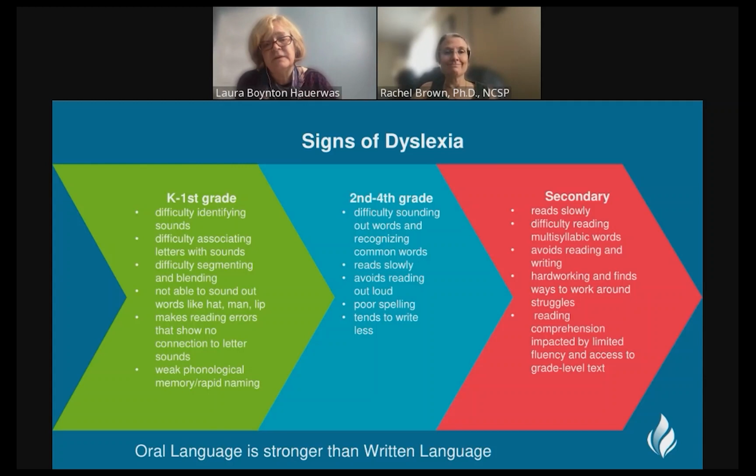Secondary consequences often show up in reading comprehension because students have had limited fluency and access to those grade level texts along the way. I'm always reminded, and I think it's really important for all of us to recognize, that these students usually have very strong oral language, and that's a strength that we want to build on.